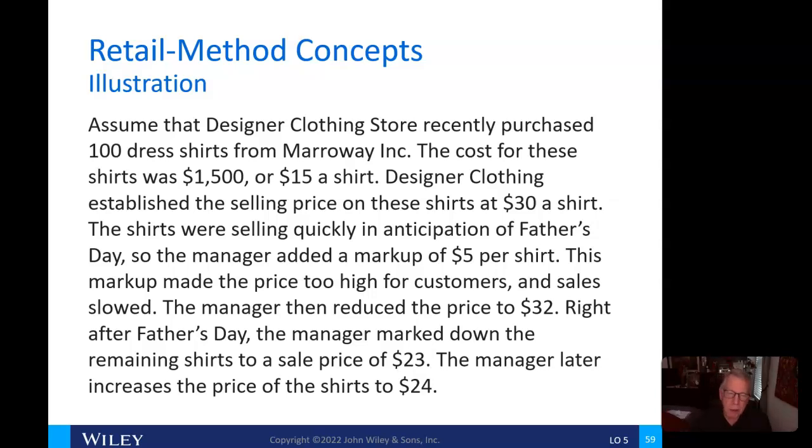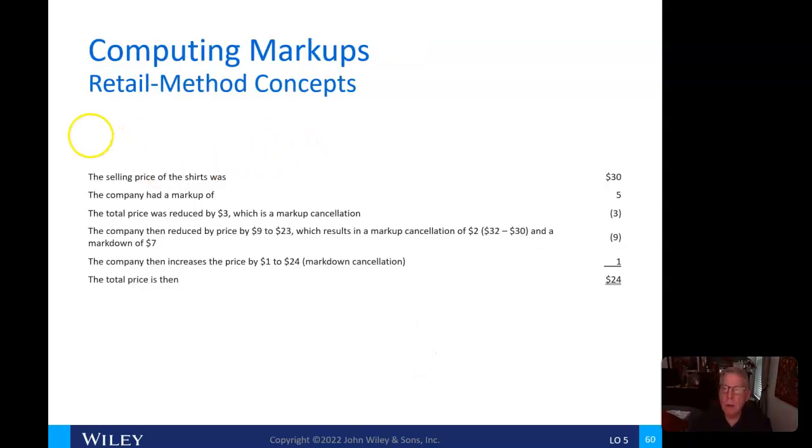The manager then reduced the price to $32, and right after Father's Day, they marked down the remaining shirts to a sale price of $23. And then the manager later increased the price of the shirts to $24. Couldn't make up his mind, I guess. In any event, the retail method here was the selling price of the shirt, $30.